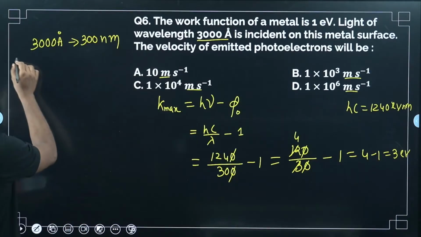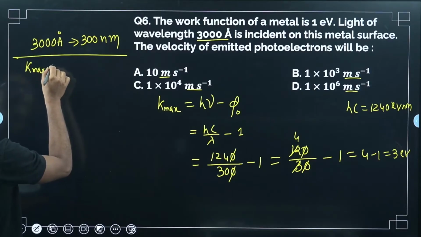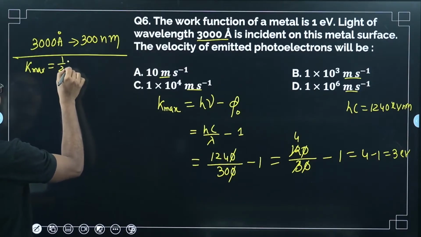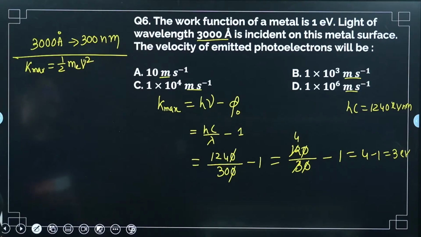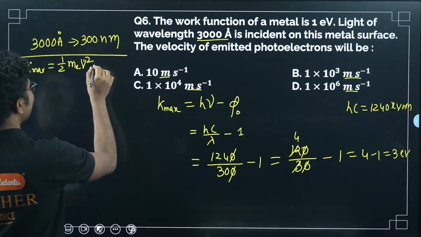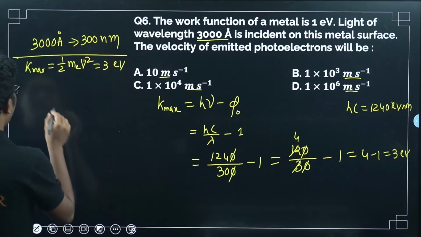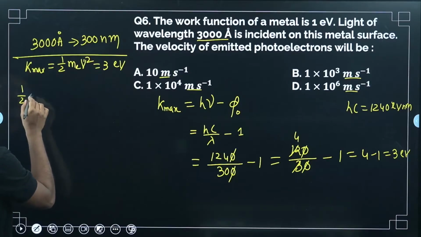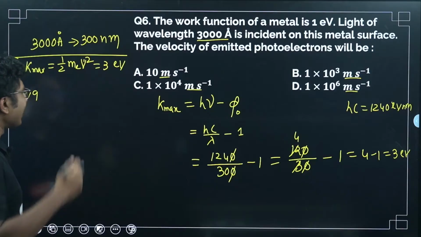Now what is K max? K max is half m of electron v square. Okay, we are trying to find this v, that is equal to 3 eV, right? Now we have to put the values. So m e is 9.1.